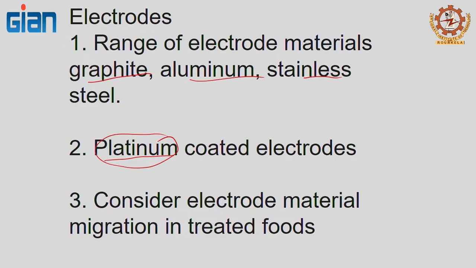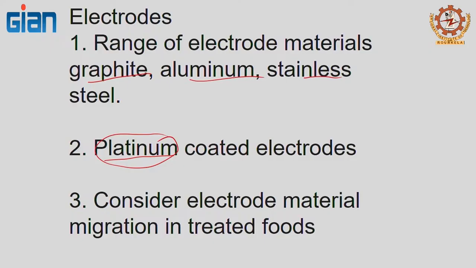In other words, with the passage of electric current over many uses, some of the aluminum or metal particles can migrate into the food, which is also not desirable, because from a regulatory point of view, you have to keep food products free from any foreign objects. That is where you have to coat with platinum.